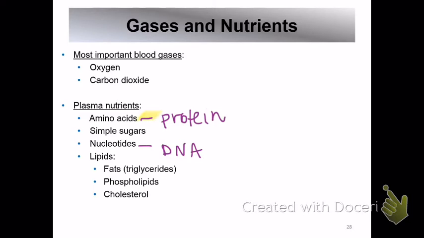So DNA is made up of nucleotides. Proteins are made up of amino acids. And then the lipids, those are all going to be fats. Triglycerides, those are the oily fats. Phospholipids, that's what's in cell membranes. And then cholesterol would be more like a solid fat, like bacon grease. So all of the fats, this is what the blood moves around. So it moves around nutrients and it moves around gases.